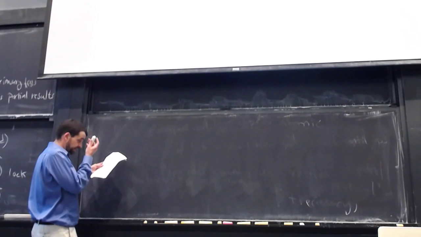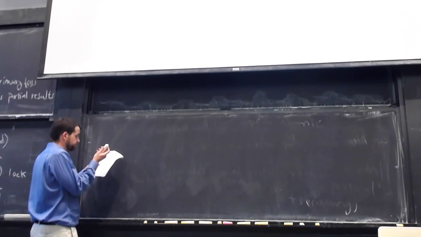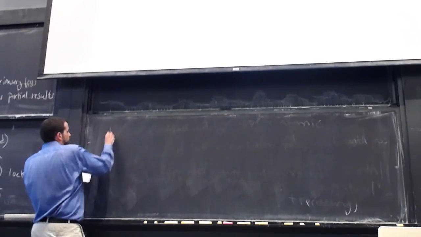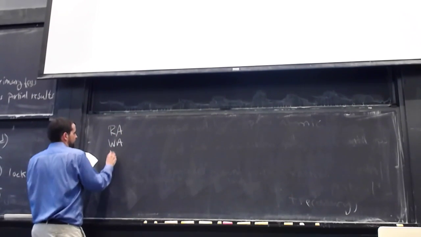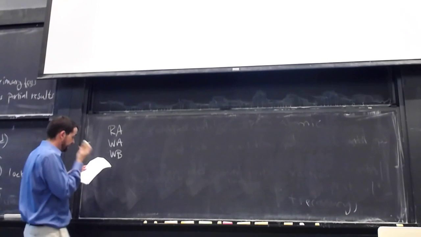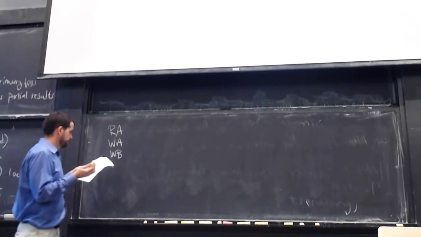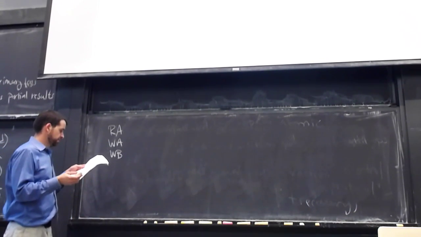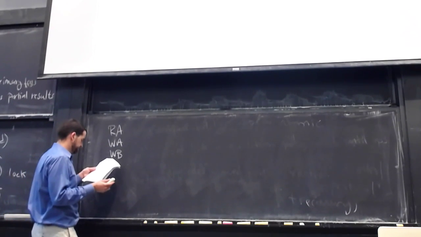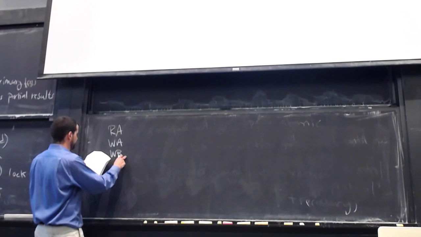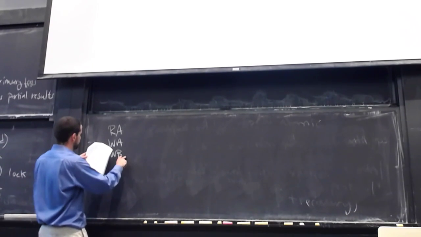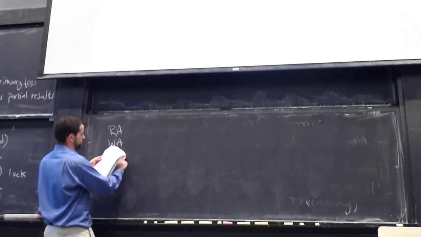If T1 does read A, write B, at this point it has now acquired all of its locks, right?